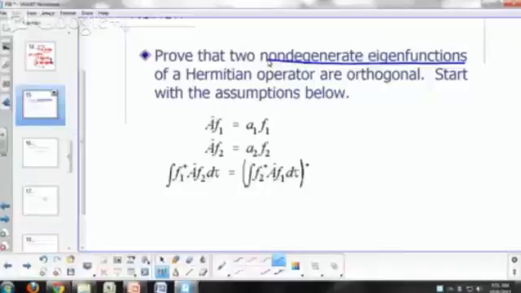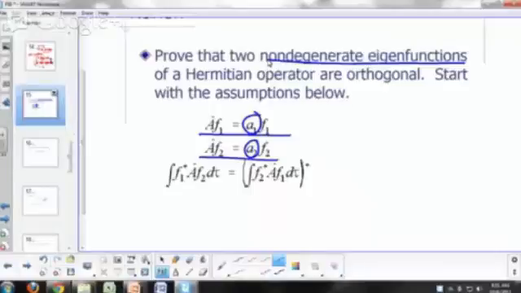So in this particular case, operator A applied on function f1 gives you back a constant times f1, so that constant is your eigenvalue, right? So a1 is the eigenvalue corresponding to eigenfunction f1, and operator A applied on function f2 gives you back a constant a2 times the original function f2, so we say a2 is the eigenvalue that corresponds to eigenfunction f2.